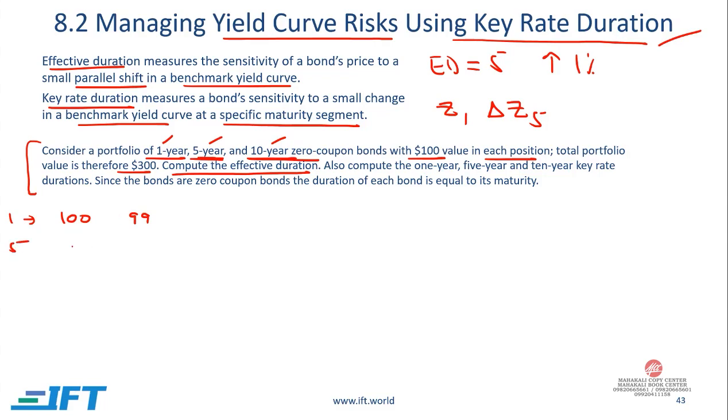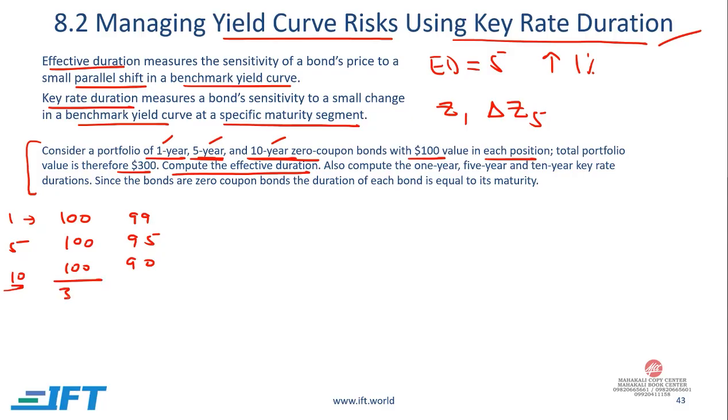What about the 5-year bond? Here the value will go down from 100 to 95. And for the 10-year bond, the value will go down from 100 to 90 because for the 10-year bond, the effective duration is 10. So a 1% increase in the benchmark rate will cause the bond to go down by 10%.